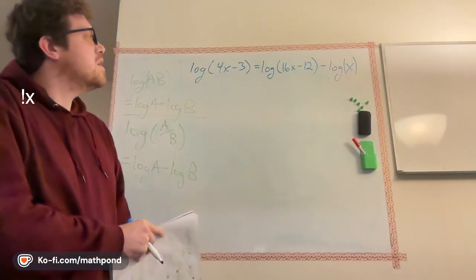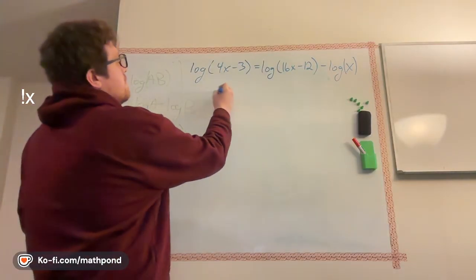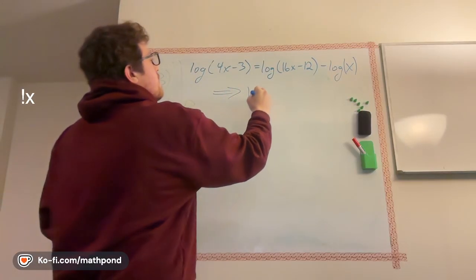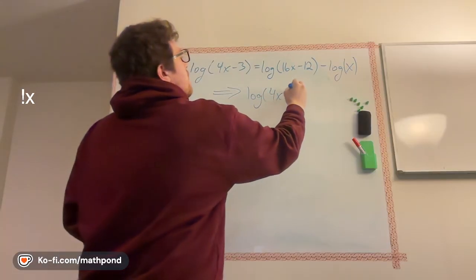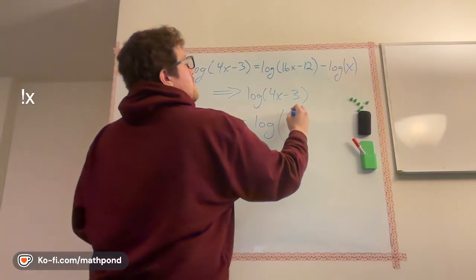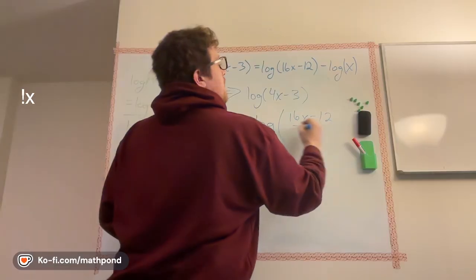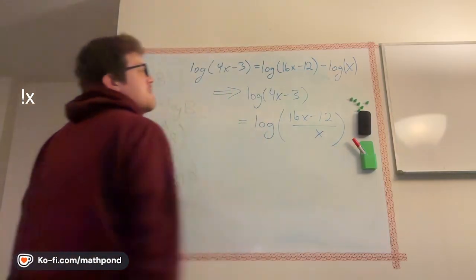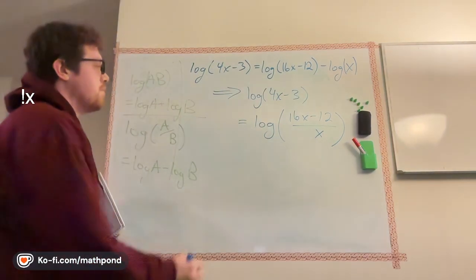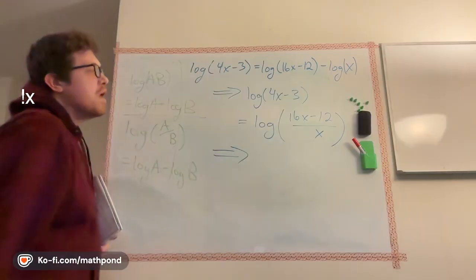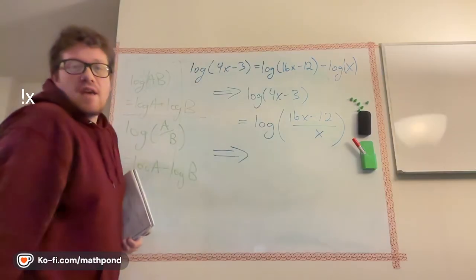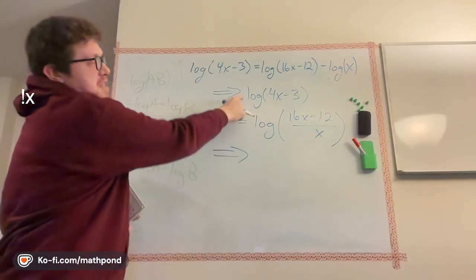So this is log of 4x minus 3 is log of (16x minus 12) over x. And if a log equals a log, then we can take the exponential of both sides and cancel the logs.